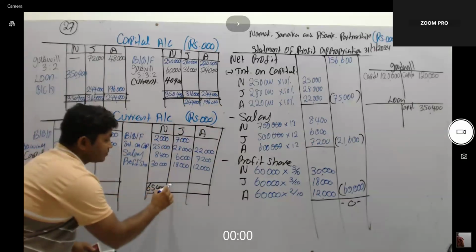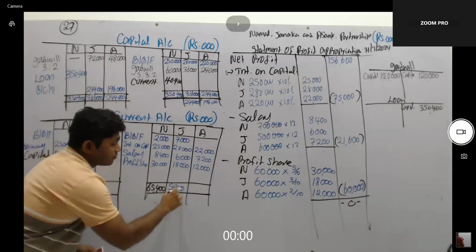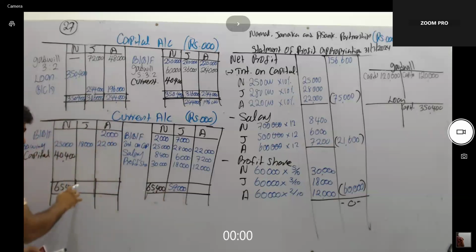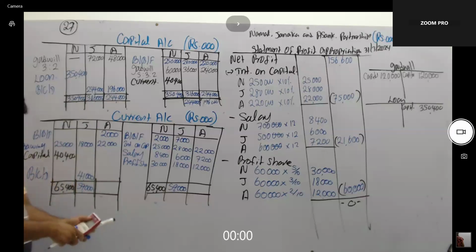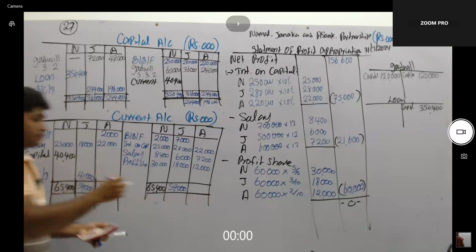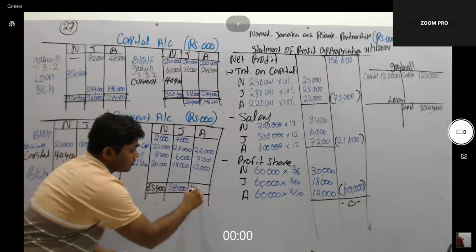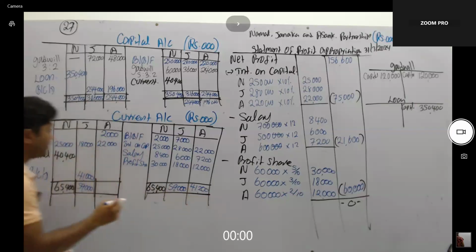Credit side increase. Take the same value on the debit side, and the difference value as a balance carry down. The other two partners' balances should be carried down. Credit side increase, and take those values on the debit side.